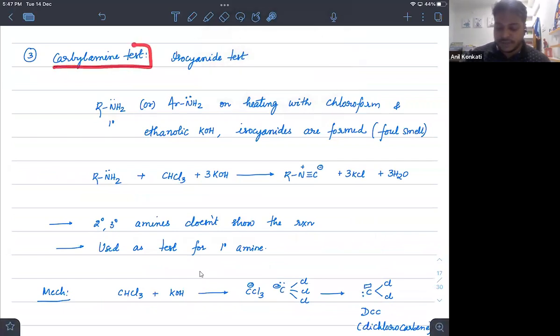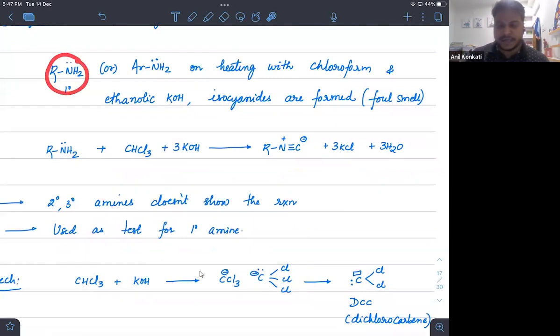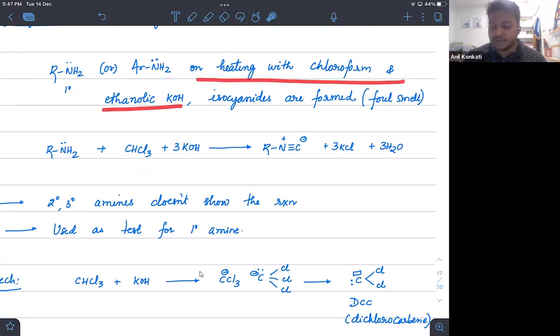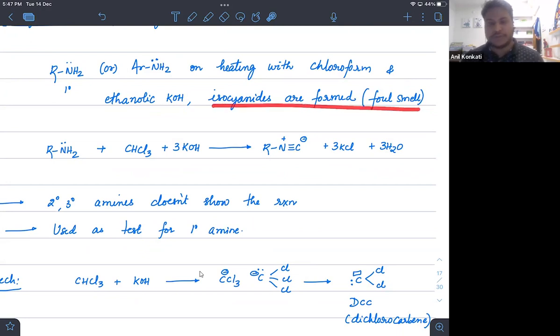The first test we learn is the carbylamine test, which is also known as the isocyanate test. What happens if you take either an alkyl amine or an aryl amine, but both should be 1 degree amines, and on heating with chloroform and ethanolic KOH, isocyanates are formed, and isocyanates are usually foul smelling gas.